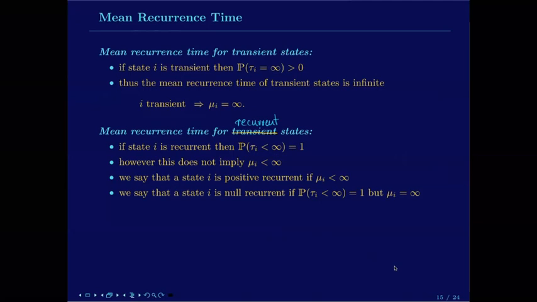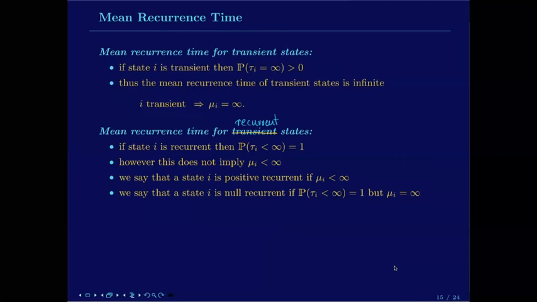So the chain returns with probability 1, but this does not necessarily imply that the mean exists, so that the mean is finite. We know that random variables can have a valid distribution, but need not have an expectation. So that means we only have a mean if the probability to take large values becomes small fast enough.